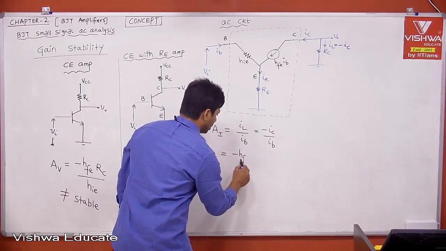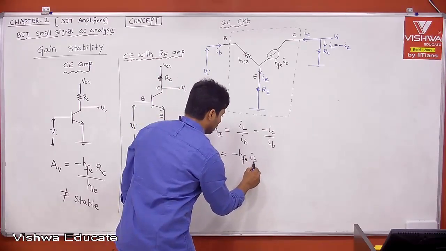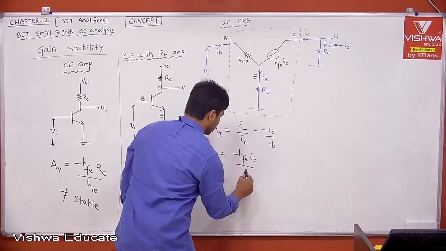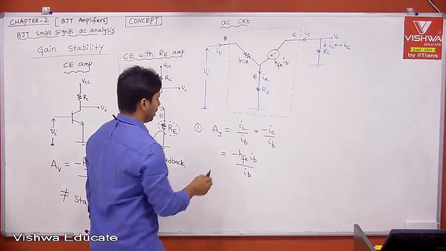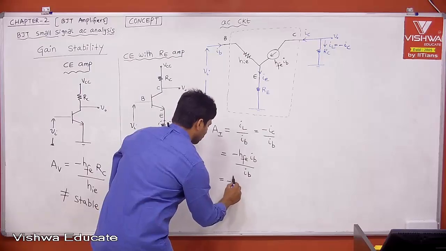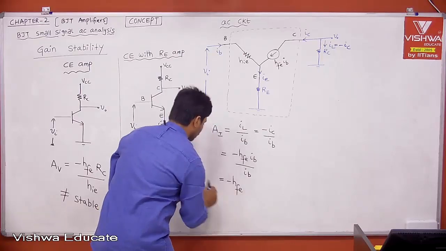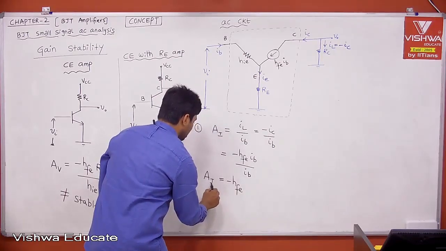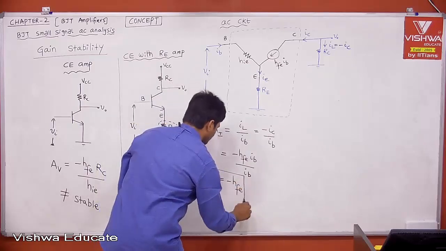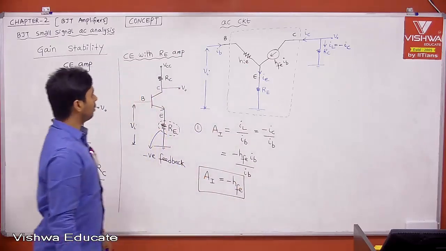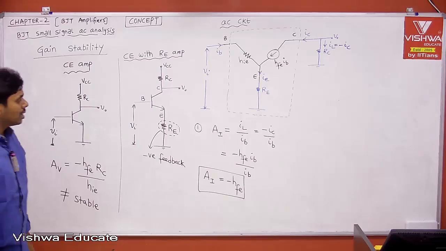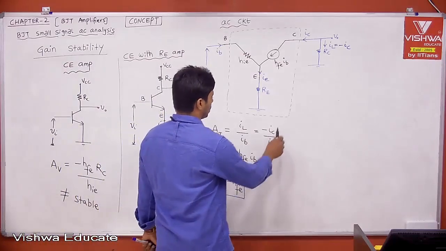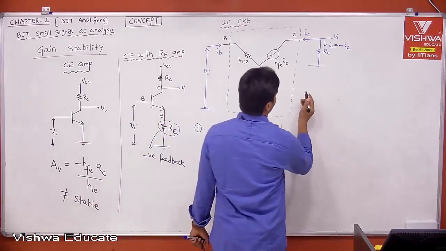So minus HFE into IB divided by IB. IB will be cancelled. Then the current gain is minus HFE. Out of 4 AC parameters, 1 AC parameter is done for your CE with RE amplifier. This is an extra configuration.